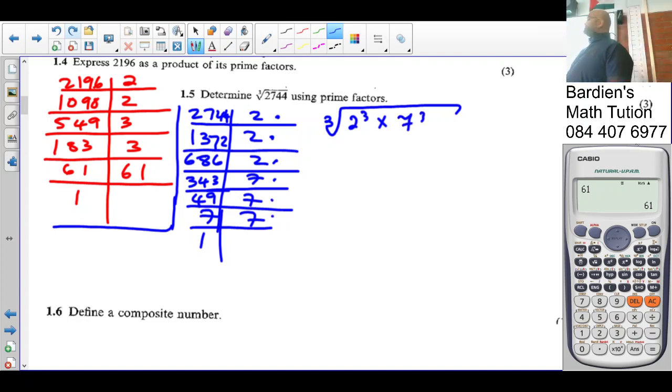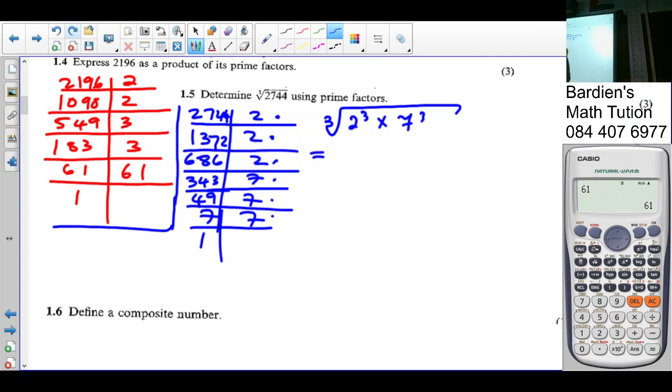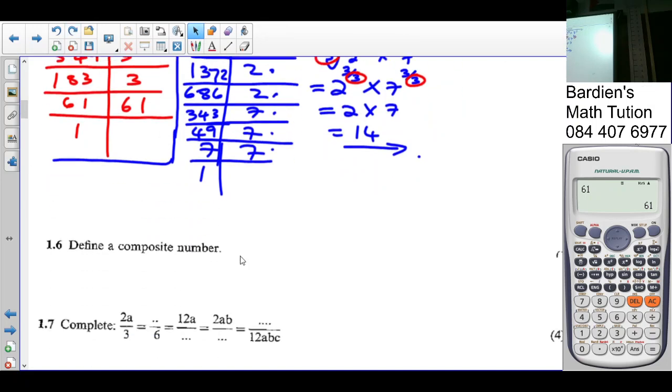So it's going to simply be 2 to the exponent 3 over 3 times 7 to the exponent 3 over 3. Whatever the root is here, that will be your denominator there. You all agree with that? What is 3 divided by 3? 1. So it's 2 to the 1 times 7 to the 1, which is 14. You all okay with that?